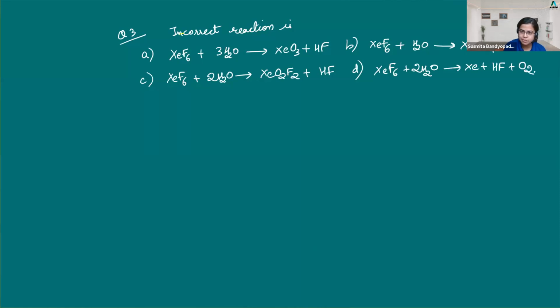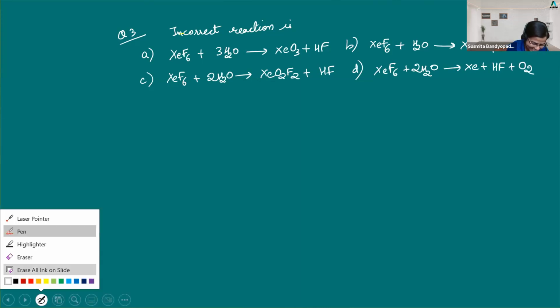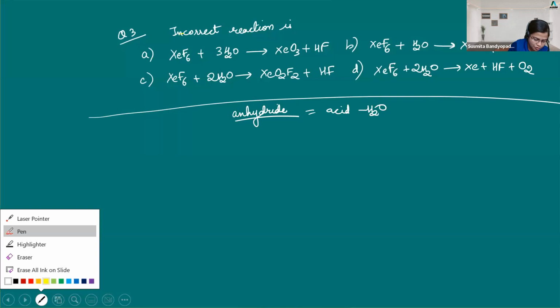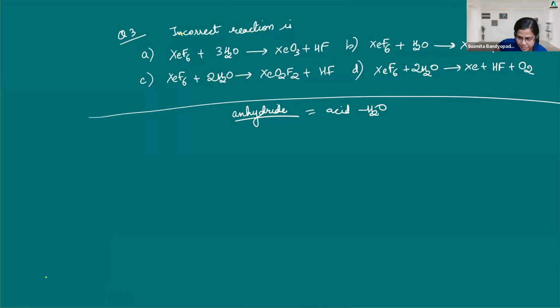So everyone attempt this question. Let me explain, Nandana. If you have answered also, then wait. Nandana, the meaning of anhydride is acid minus water. So what happens here is, I take H2SO4 and remove H2O.